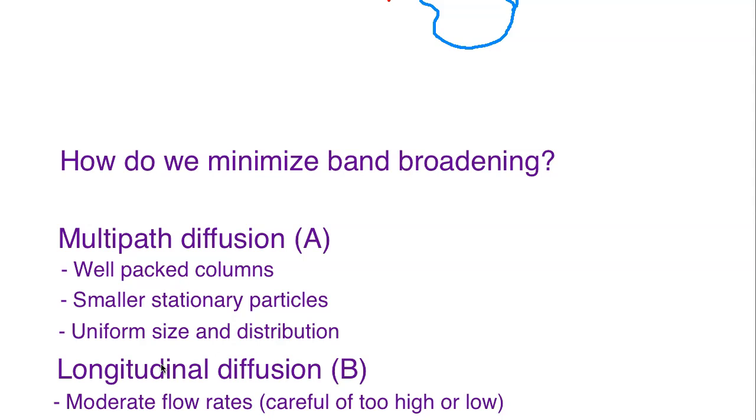So number one, or letter A in the equation, how do we handle multipath diffusion and minimizing that? Well, a lot of that is going to be on the producer of the stationary phase on their end. So when you are purchasing your columns, it is very important that you are going through a reputable company and one that you have a good relationship with and you can trust in terms of their processing.